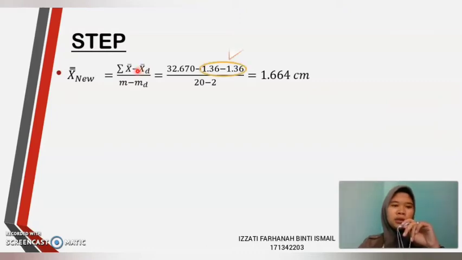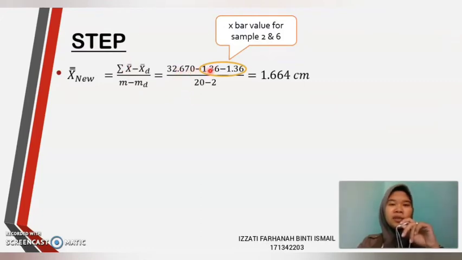The total sum of the X bar that we get is 32.67 minus the X bar values for samples 2 and 6, which is 1.36 each, divided by 18, because we remove 2 samples from the total, and we get 1.664 cm.